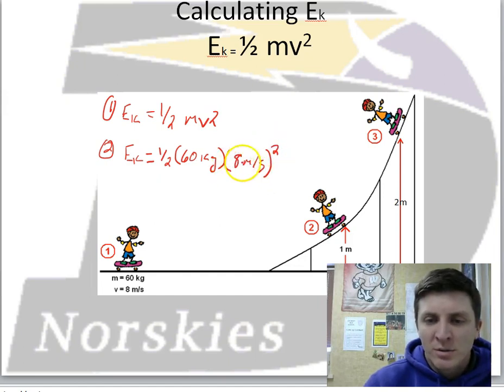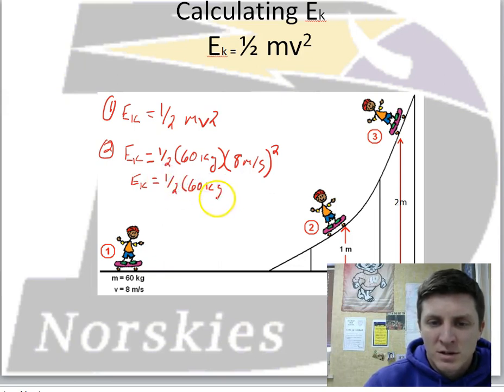So again, order of operations, we must square that first. EK is half times 60 kilograms times 8 times 8, which is 64 meters per second squared. And then we take that and we plug it in.